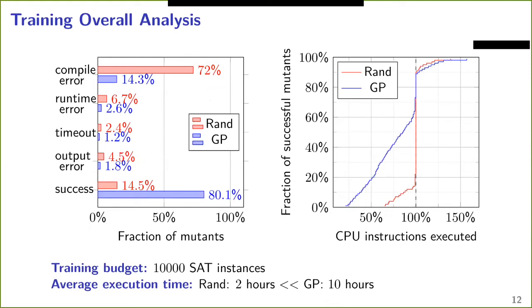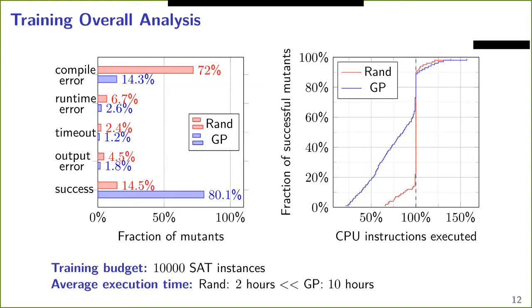So 72% of them do not cross that single barrier. In contrast, for GP, 80% of the generated software compile, run without error, run within the designated time, and output the correct satisfiability answer.